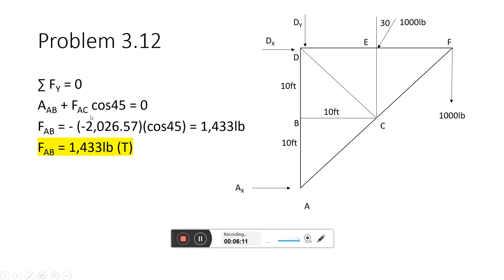We had already found FAC, which was the negative 2026.57 in the previous problem. And when you isolate for AB, you get 1,433 under tension.